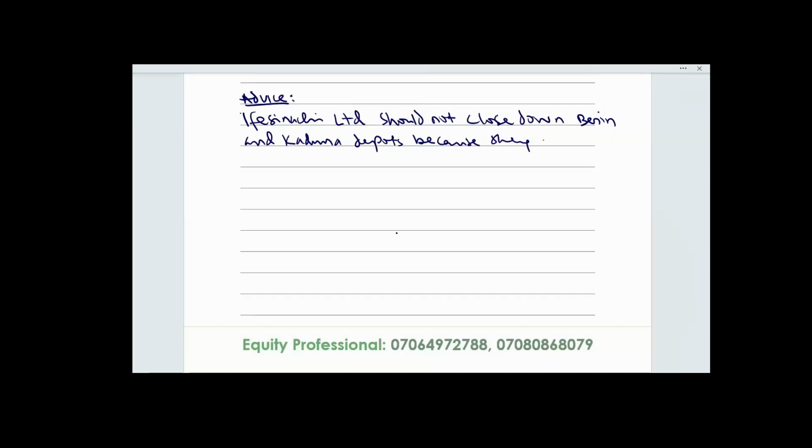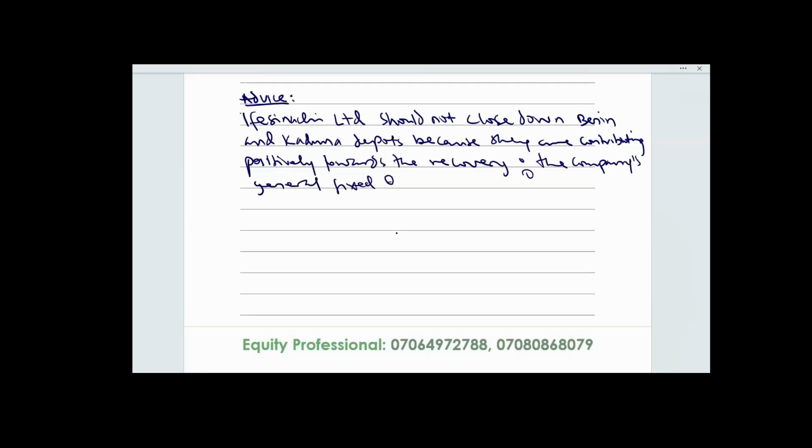They are actually contributing positively towards the recovery of the company's general fixed overhead of 400,000 naira and net profits.